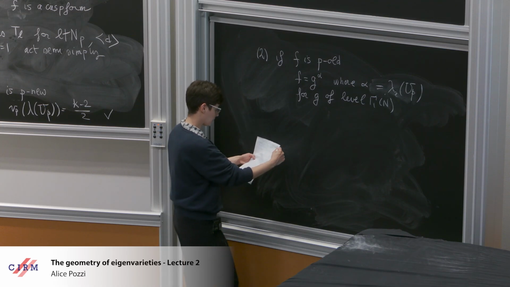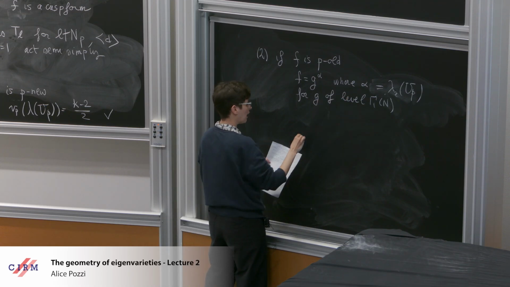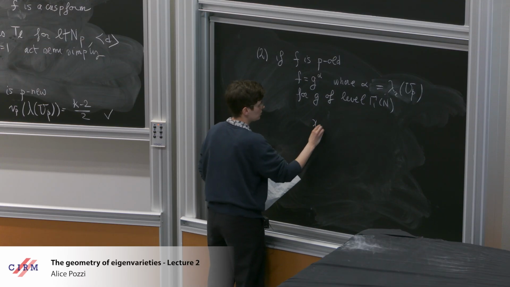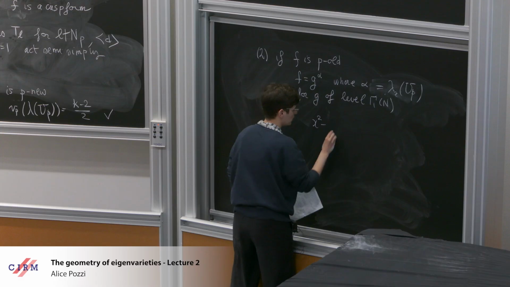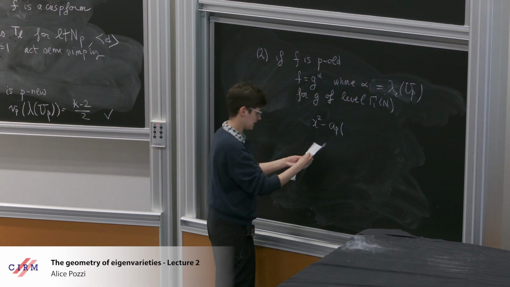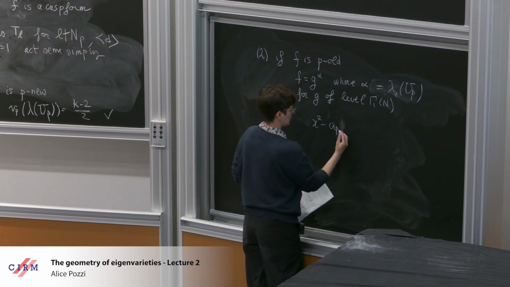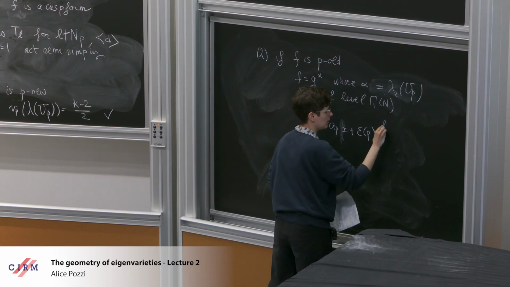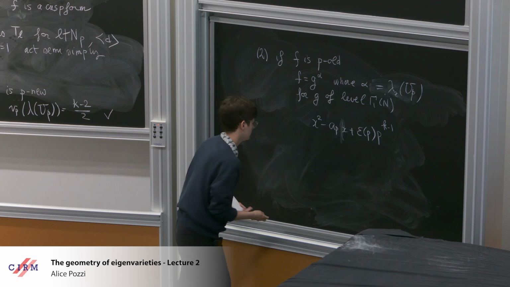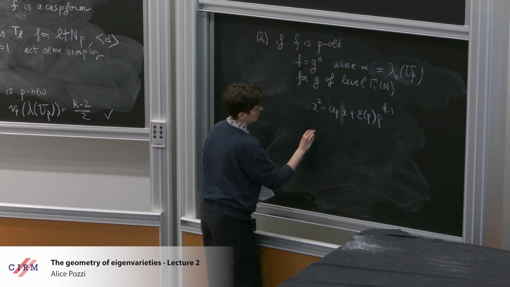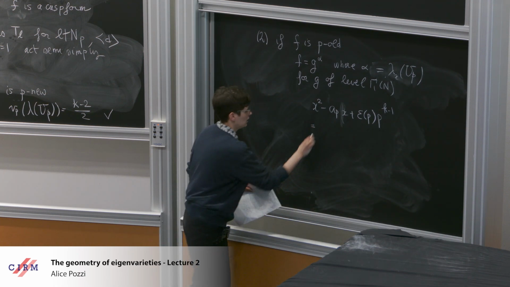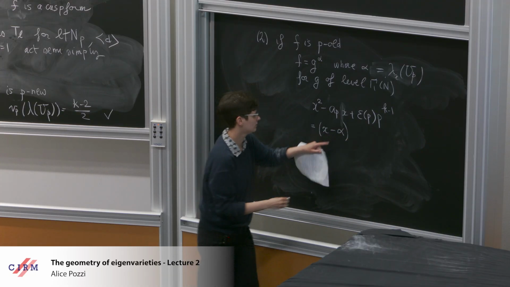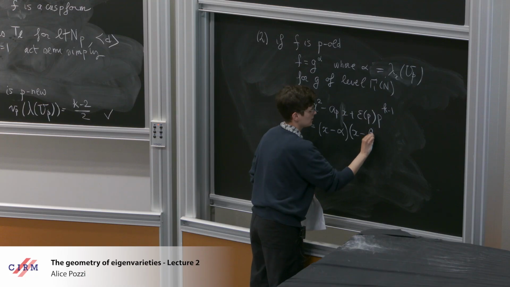But what is alpha? Alpha is detected by the roots of the Hecke polynomial x squared minus apx plus epsilon p to the k minus 1, which factors as a product, x minus alpha, x minus beta.